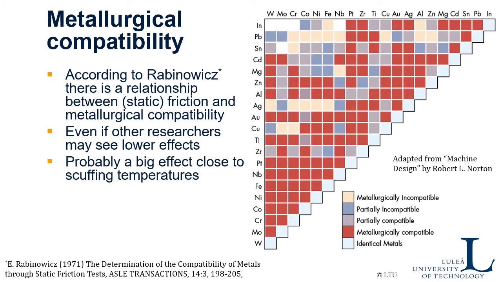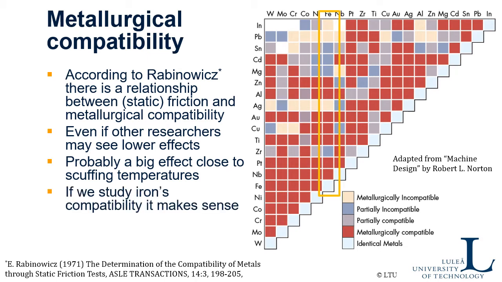But especially when you increase the temperature and approach scuffing, that is when the surfaces are so hot that they start melting, then you have a very high adhesive force, and then you can see the difference. Let's take a look here at iron, or steel, which is a very important material, of course.